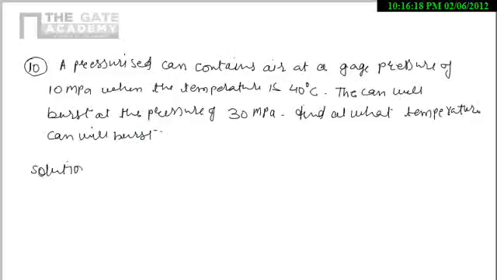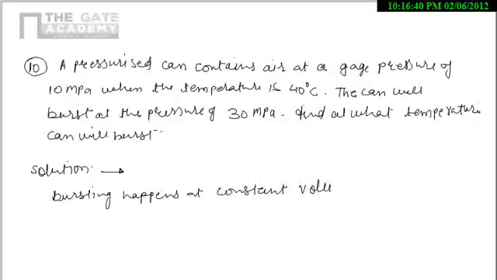In this problem it is mentioning the can will burst. So bursting happens at constant volume. Remember this thing, bursting happens at constant volume. So it's a constant volume problem.